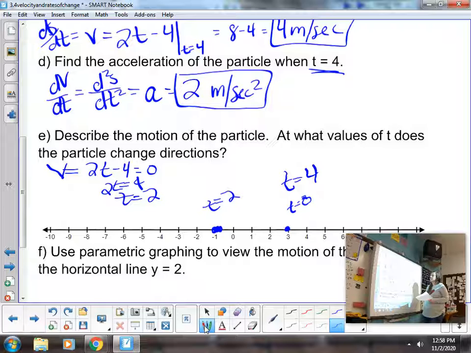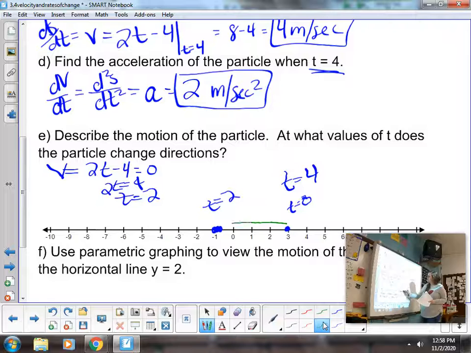And you can also look at the signs, because if I have a value in between 0 and 2, this velocity is actually going to be negative. So like if I plugged in 1 or a half or any of those things, I would get a negative velocity, which means I'm moving to the left.